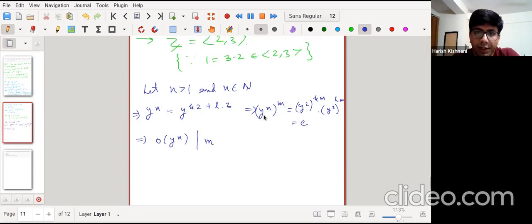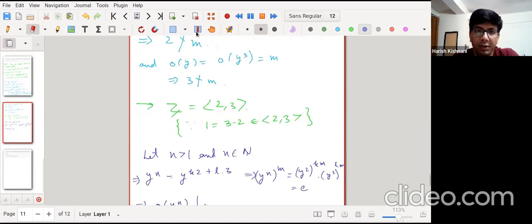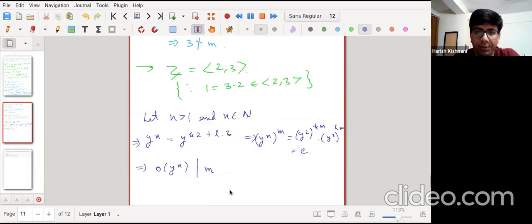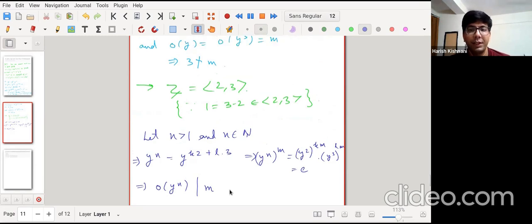We can simply write y^n raised to m is identity, because y^m raised to n is y raised to m, which is identity.